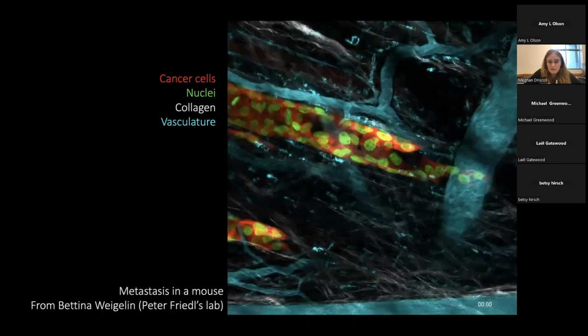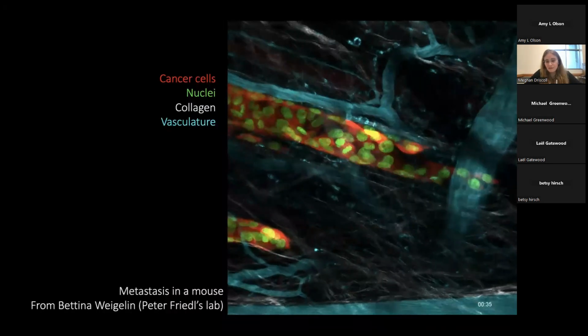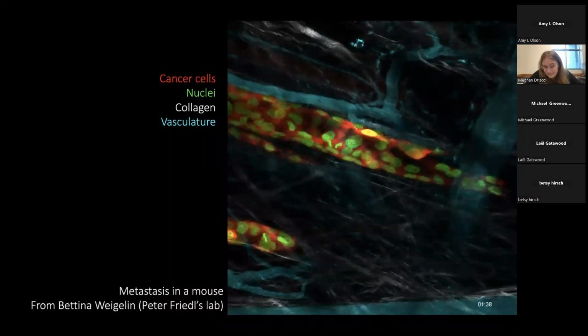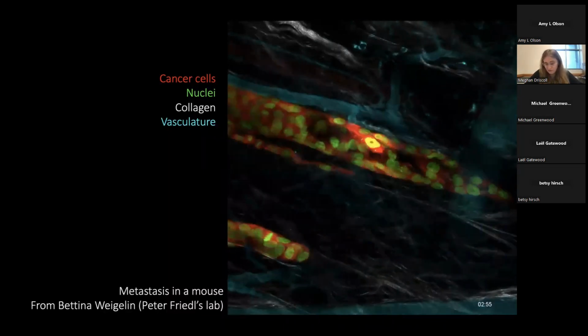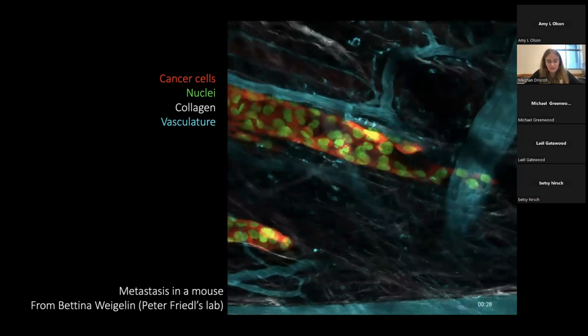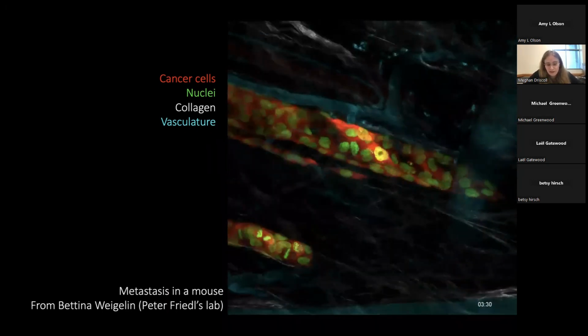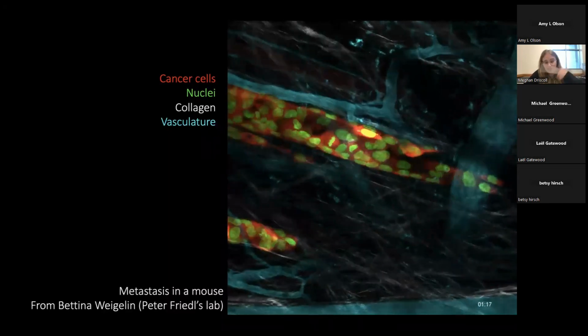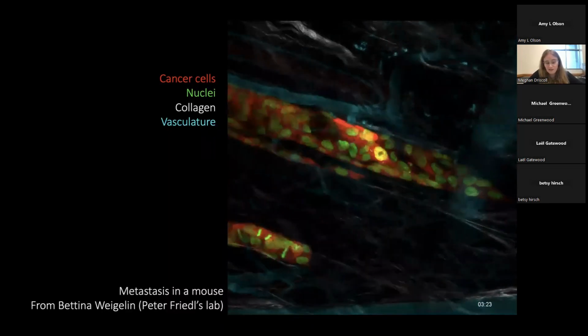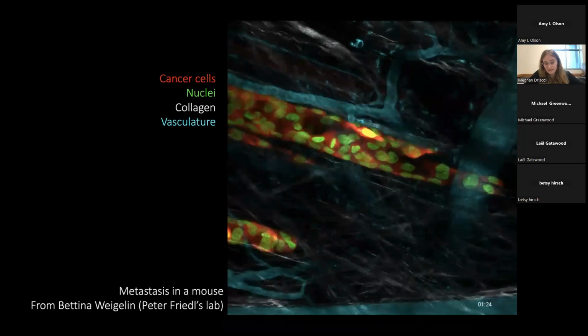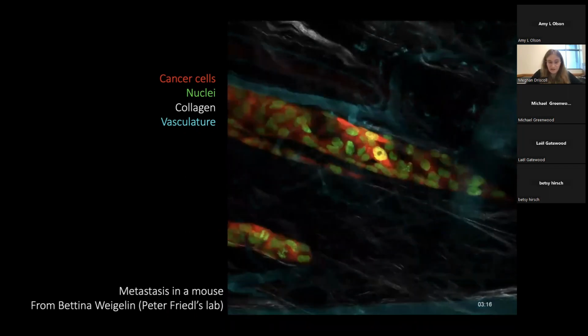And furthermore, not only cell shape, but the dynamics of cell shape also facilitate cell functions, right? It's hard to image in vivo, but these are metastasizing cancer cells in a mouse. And you can see that these cells are extremely dynamic.